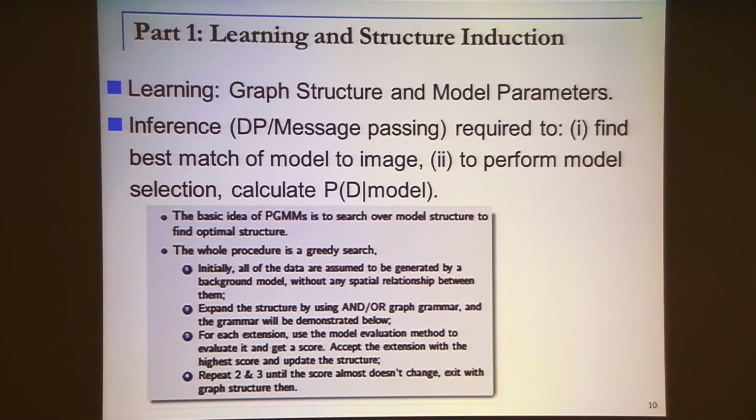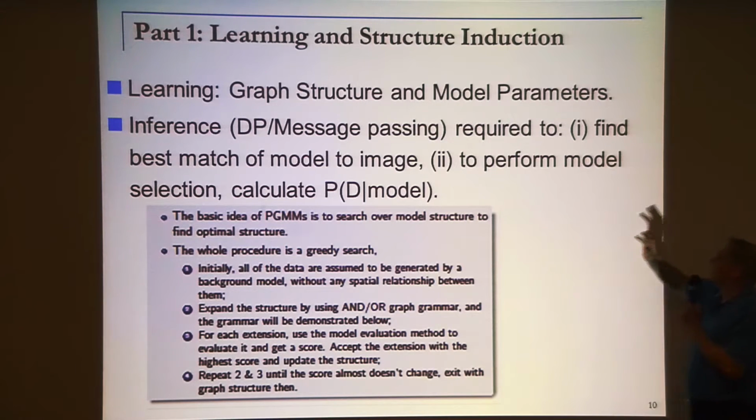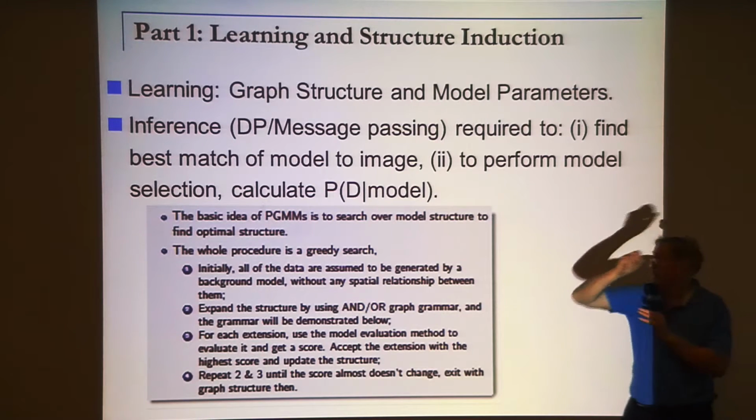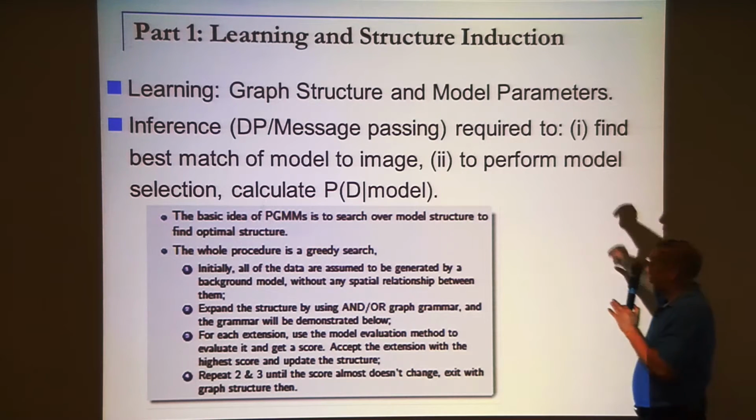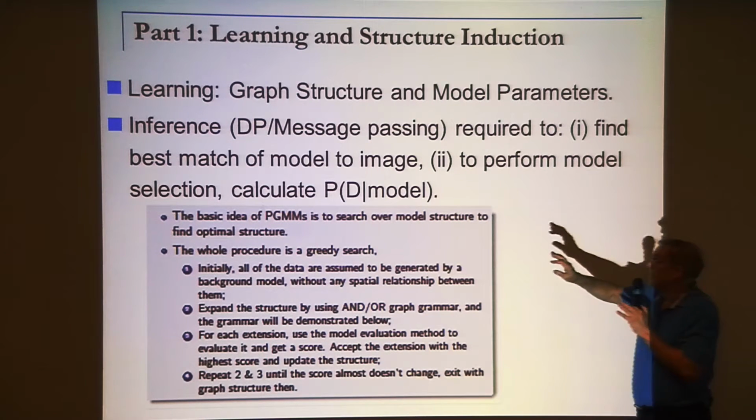Okay. So we're learning both the graph structure and the parameters of the model, the parameters being the relative positions of the parts, say a Gaussian distribution over the relative positions of three points. We're also learning the appearance probabilities, but I've left that out for simplicity, because that's far more standard.